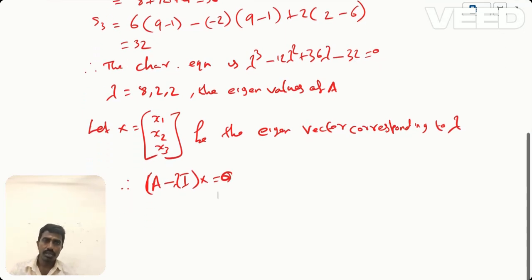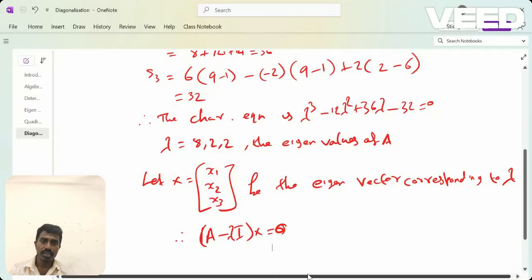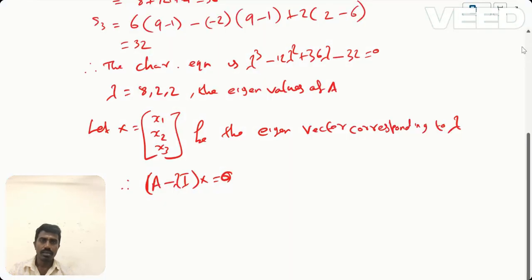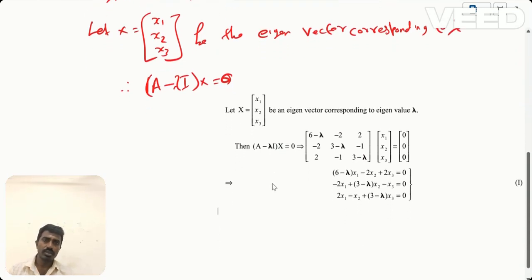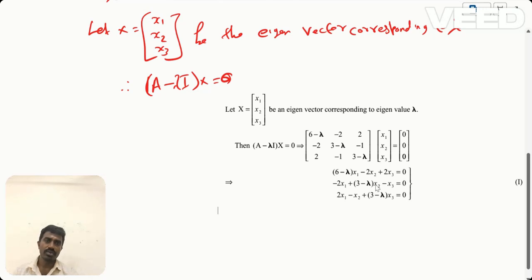Now substitute A, the given matrix, and lambda is the eigenvalue, and I is the identity matrix, and X is the column matrix x1, x2, x3. Now if you substitute, then we get this system of equations. Let the system be 1.